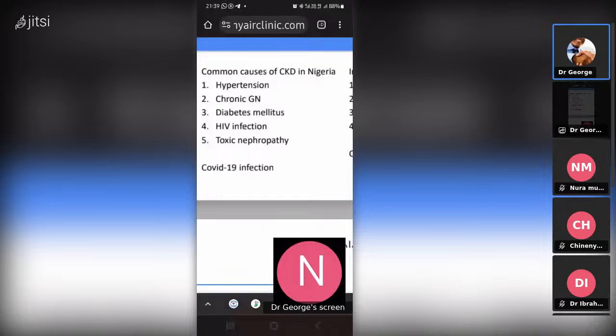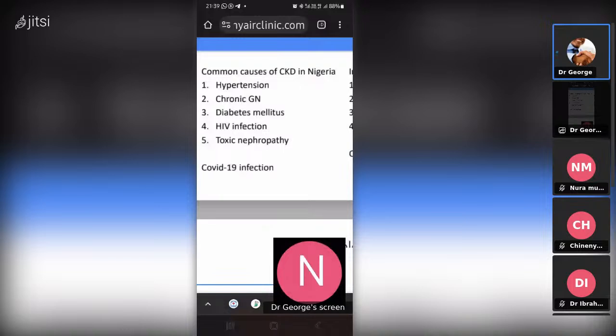So the rate of progression for different types of renal disease varies. For example, diabetic nephropathy is one of the highest, or fastest, progressing renal diseases.